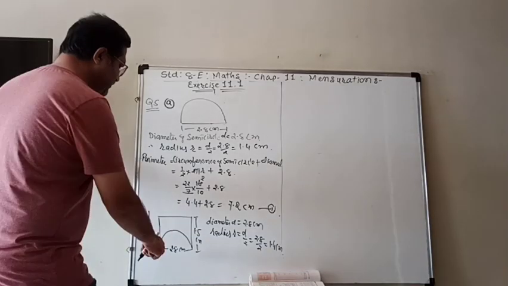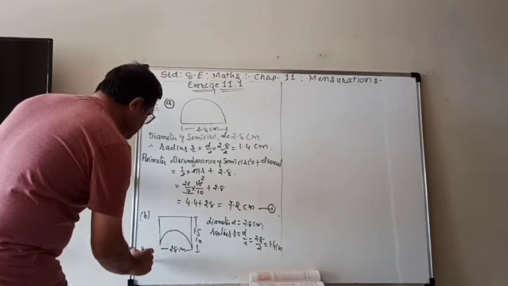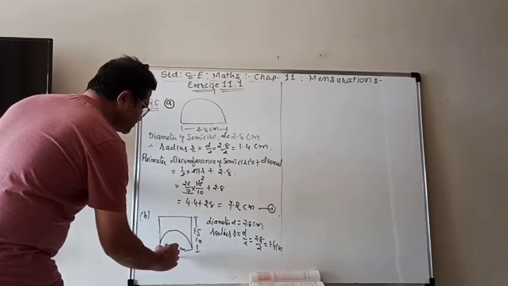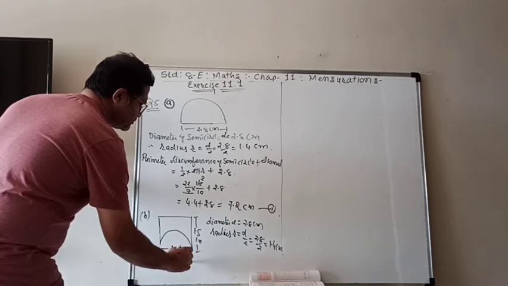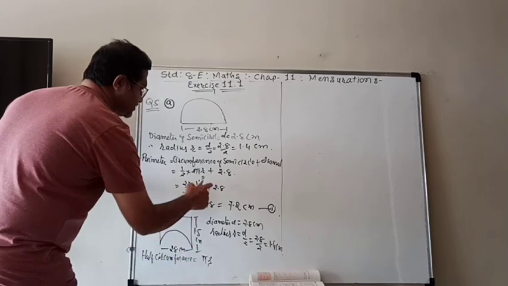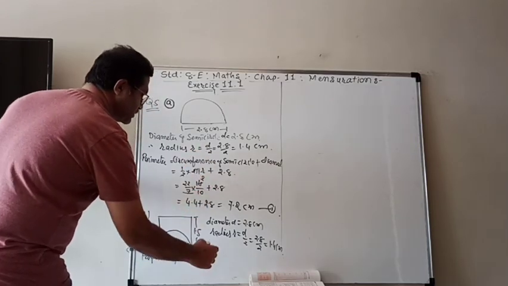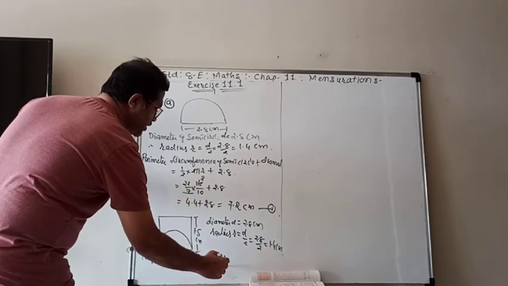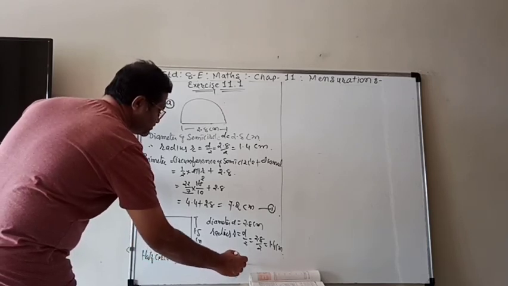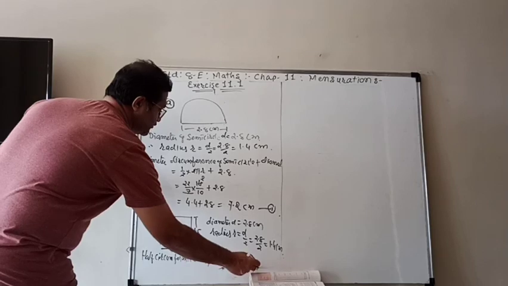So now first we will find the half circumference, which is equal to pi into r. That is 22 upon 7 into 14 upon 10, that is 4.4 centimeter.